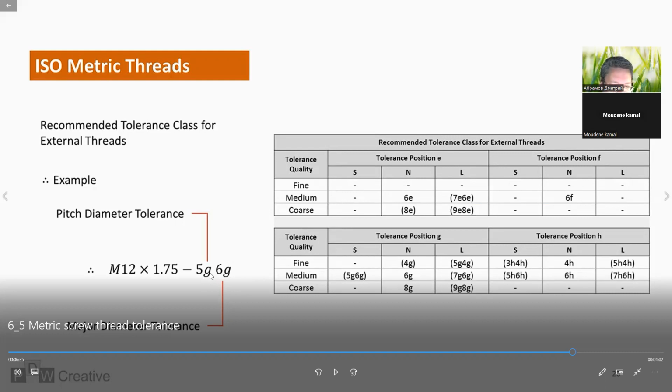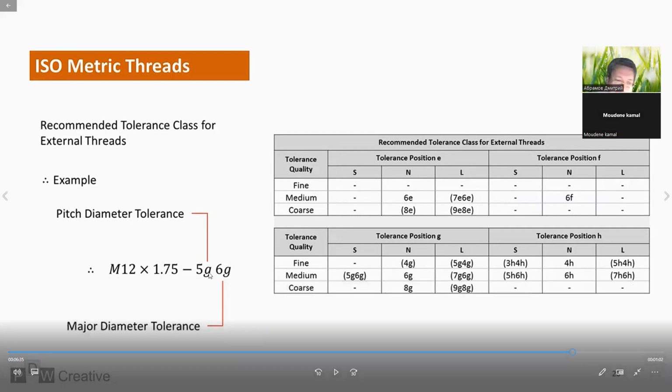If we see small letters, like small g, we can say that it's the thread of the bolt. But if we see big G, for example, or 6H, big H, we can say that it's the metric thread of the nut. Always small letters are for the bolt, and big letters are for the nut.